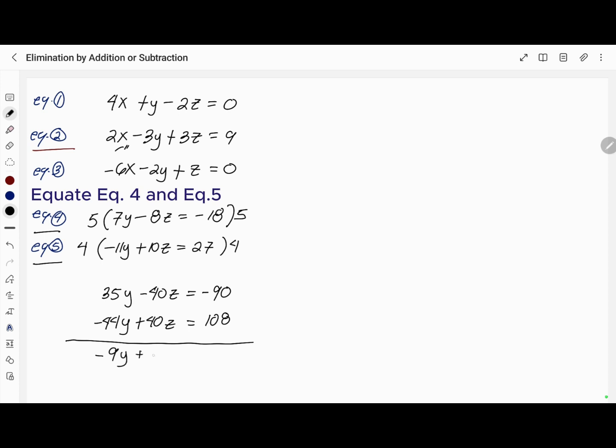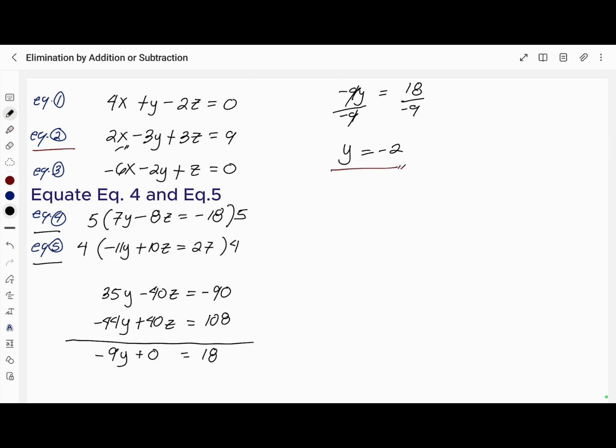Then for z, 0. Then negative 90 plus 108, that is 18. Now we have our new equation, negative 9y equals 18. To get the value of y, divide both sides by negative 9. So y is equivalent to 18 over negative 9 or negative 2.